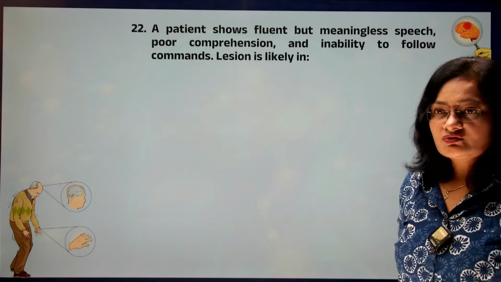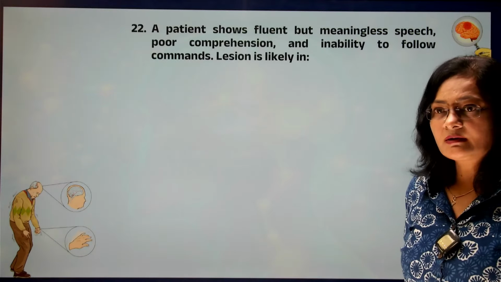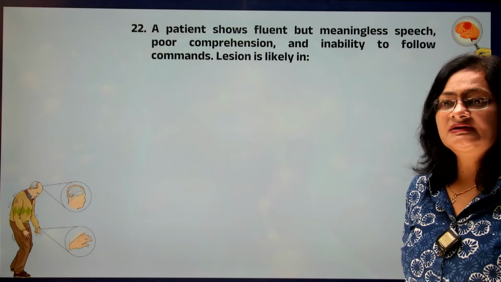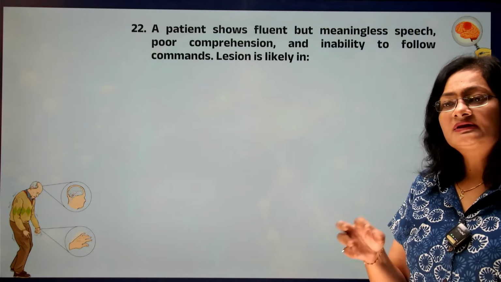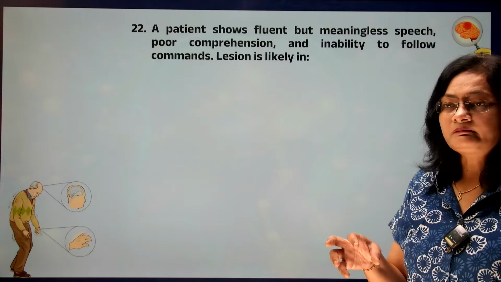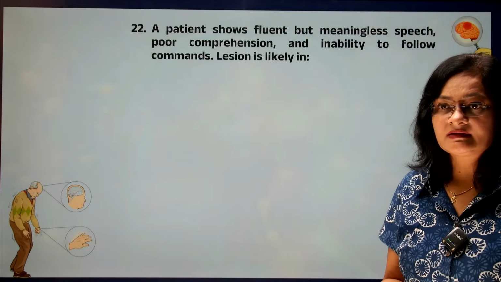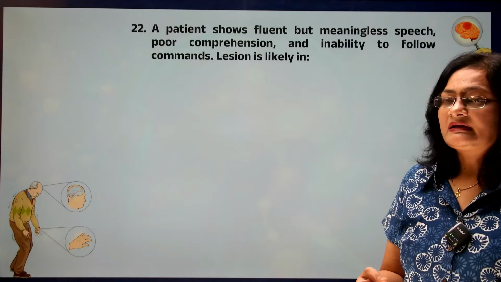A patient shows fluent but meaningless speech, poor comprehension and inability to follow commands. Lesion is likely in... So here they have described all the features of the aphasia. Now first we have to identify which type of aphasia it is. So speech is fluent but it is meaningless.